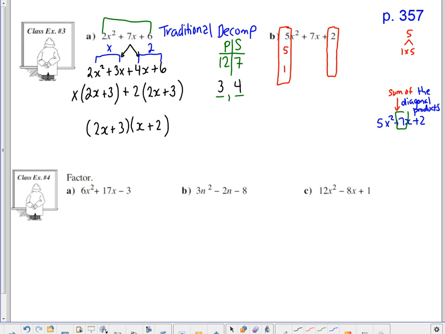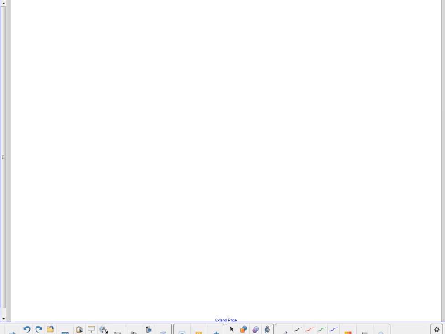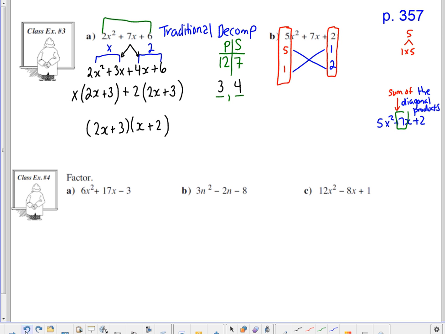So what I mean by that, if I say, let's say I went 1 and 2, okay? Don't write this down, just watch. Do the diagonals add to 7 when we multiply them? 5 times 2? 10. 1 times 1? 1. So no, that didn't work. So a little bit of guess and check. Then what we need to do instead of going 1 and 2, we need to do 2 and 1.